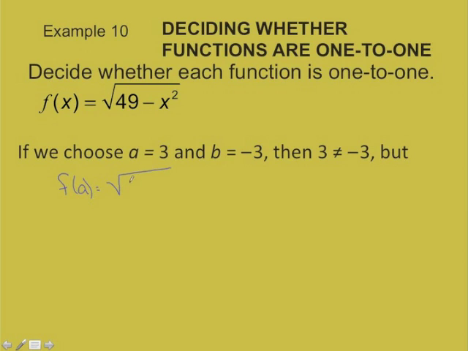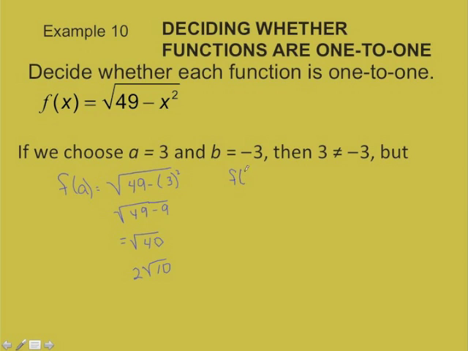That's going to be the square root of 49 minus 3 squared, or the square root of 49 minus 9, which is the square root of 40, or 2 times the square root of 10, 40 being 4 times 10.